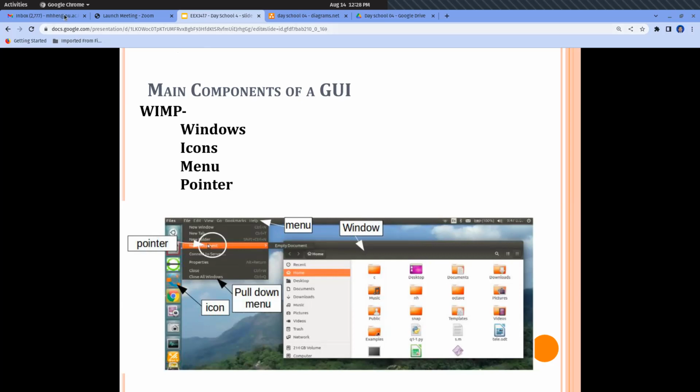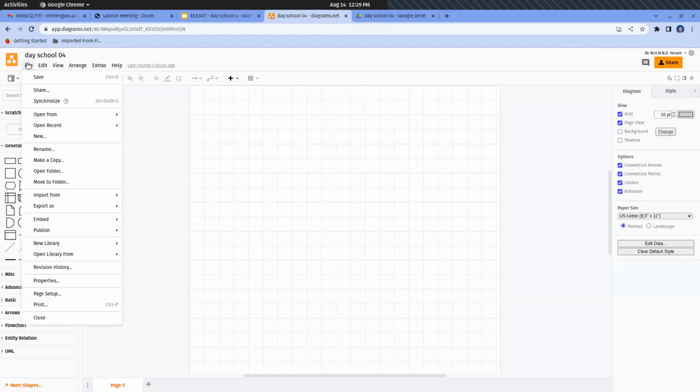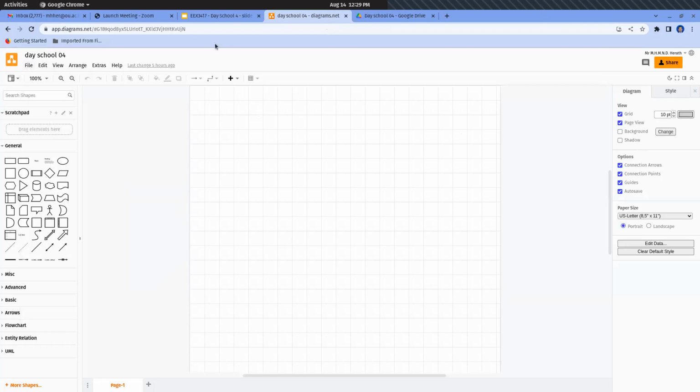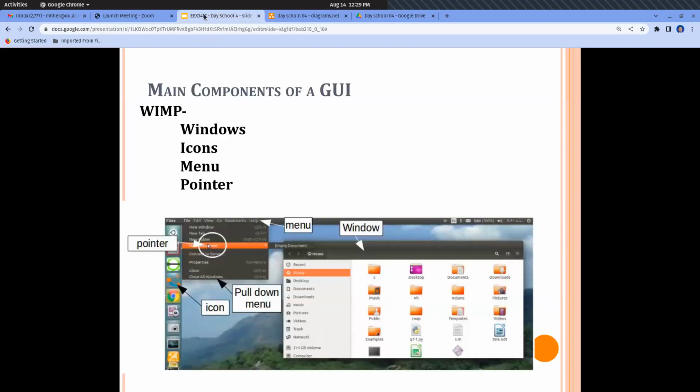Menus are like this, when you are using MS Word and you click here, like this is a menu.